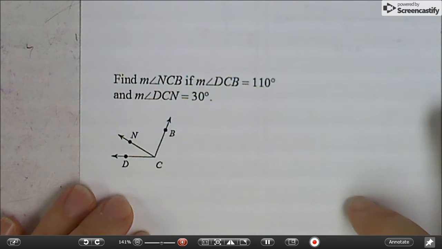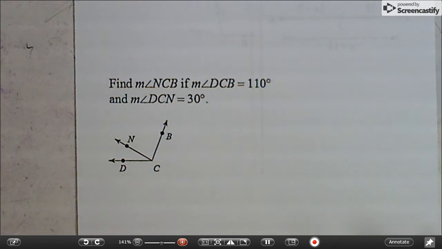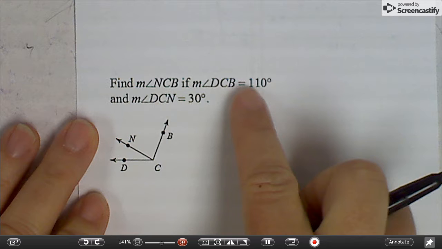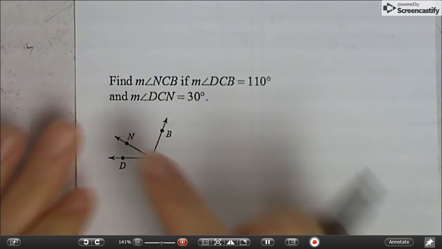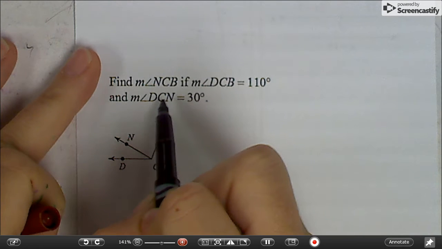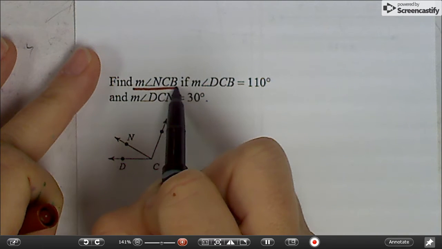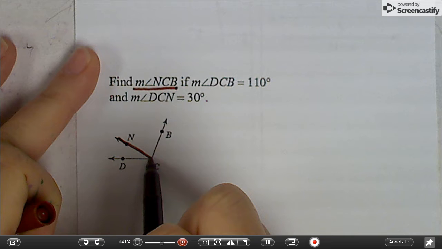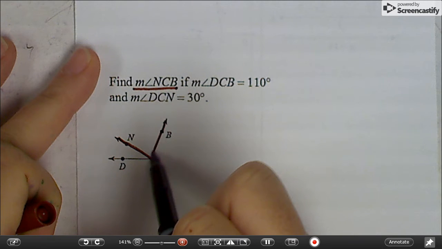Okay. This is angle addition. It's the same thing, but a lot of the time you're going to have to kind of put the stuff into the picture. So I'll show you how I write that so that hopefully it can keep you straight. Angle NCB, that's one of them, but we don't know what that is because it tells us to find it.